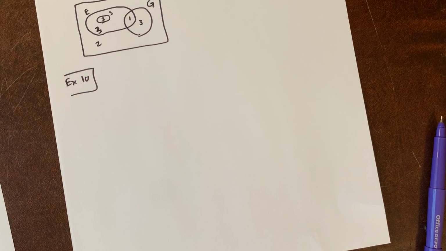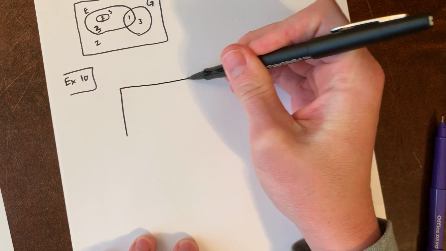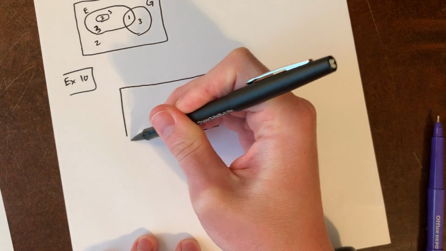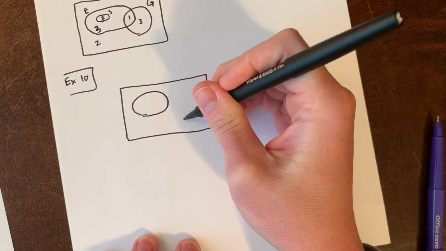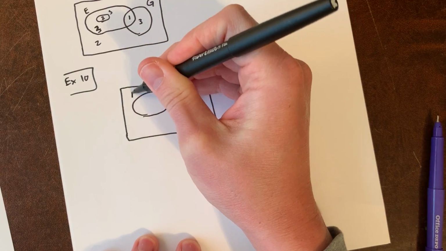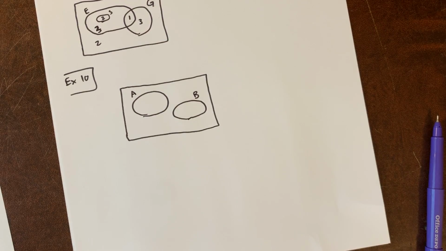Now these students would not be overlapping. If you look at the Venn diagram that's set up, it's A and B, and there's no overlap because a student can't have only 2 vowels and only 3 vowels in their name.